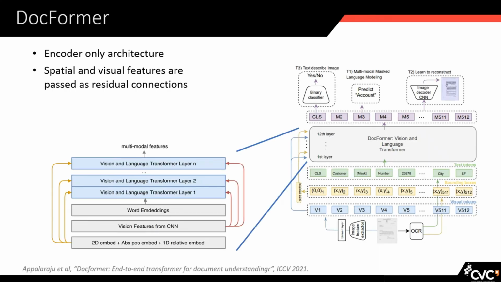Nevertheless, I would like to also introduce some task-agnostic document models, which haven't been evaluated for document visual question answering, but still I think are very interesting for the case at hand. The first one is DocFormer, which is an encoder-only architecture, where the spatial and visual features are passed as residual connections, as you can see here.